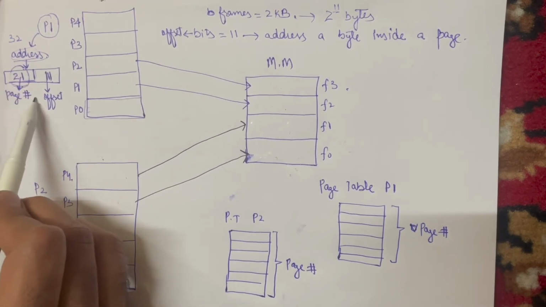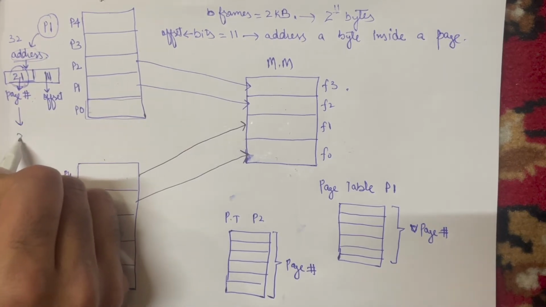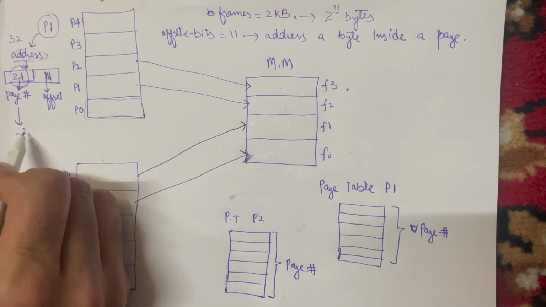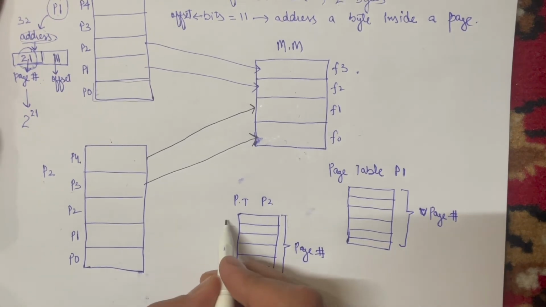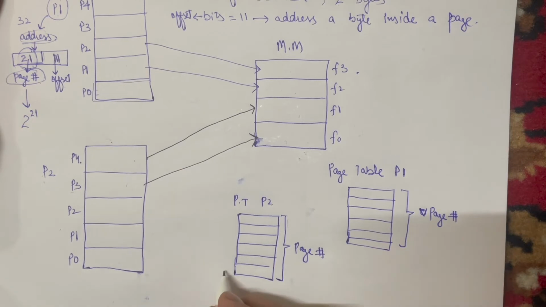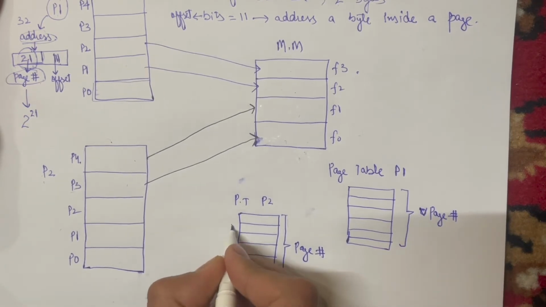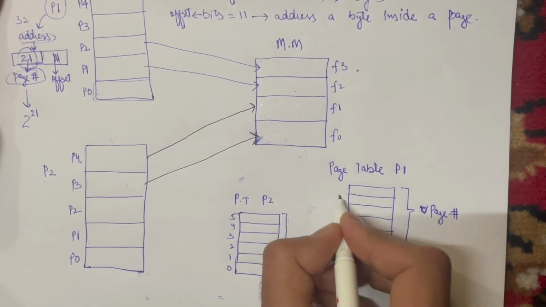For a page number, we have 21 bits. So the total number of pages will be 2 raised to the power 21. So these locations will be 2 raised to the power 21. So for example, this is number 0, this is number 1, 2, 3, 4, 5, and so on. This is 0, 1, 2, 3, 4, 5.